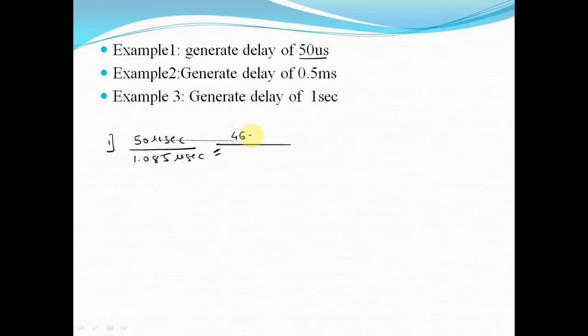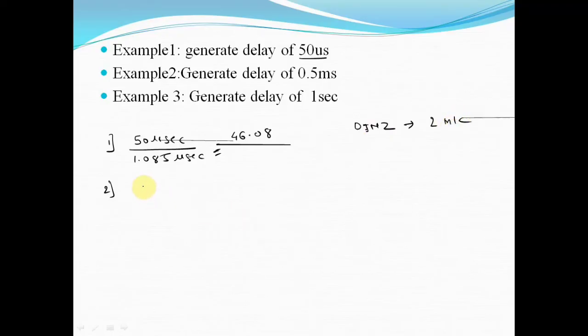But the main instruction causing the delay in the loop is the DJNZ instruction, which is responsible for generating the delay, and it requires two machine cycles.